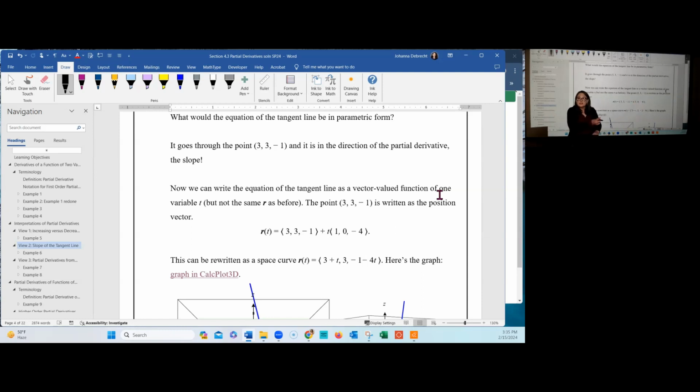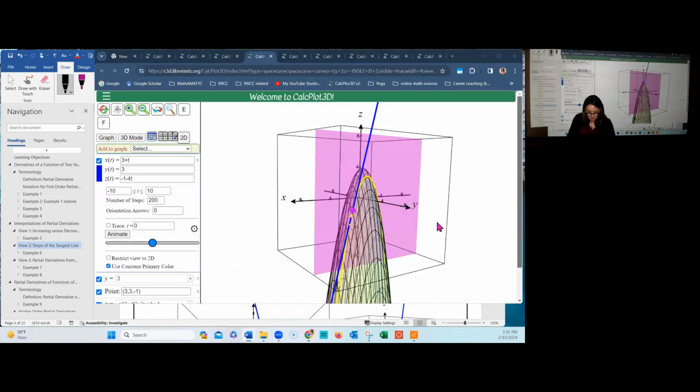The t allows it to run back and forth as much as we want. In CalcPlot 3D, you'd probably want to choose at least -10 to 10 to get enough of the tangent line. So coming out here and looking over here, you can see that we have written 3, 3, -1, 1, 0, -4, and this represents the tangent line. And you'll notice it's going from -10 to 10.